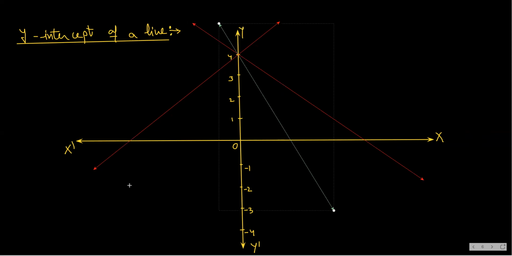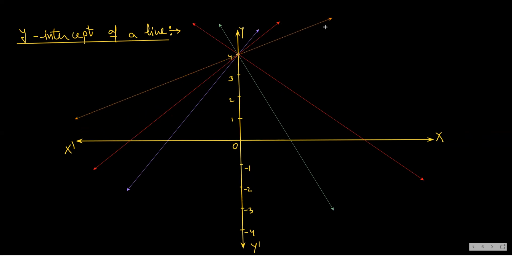There can be infinite lines which intersect the y-axis at point 4. Remember that all these lines have y-intercept 4. They will definitely intersect the x-axis also, but in this example, we are not interested in that.